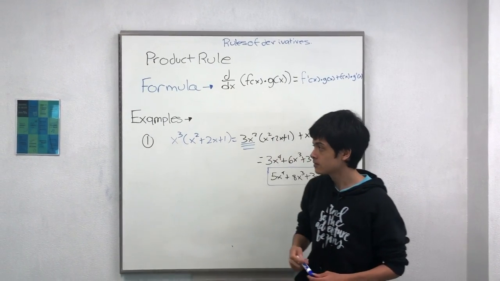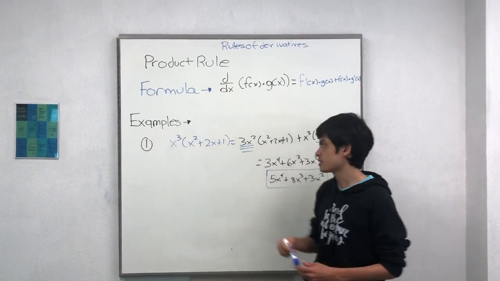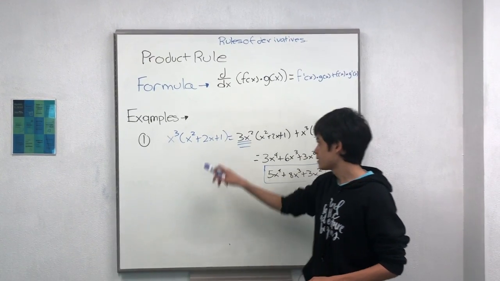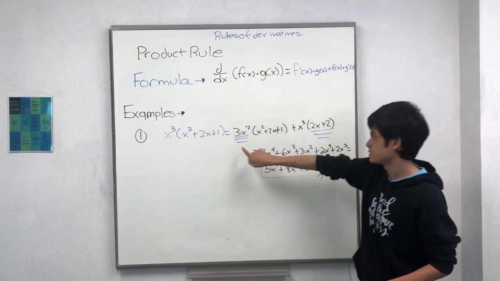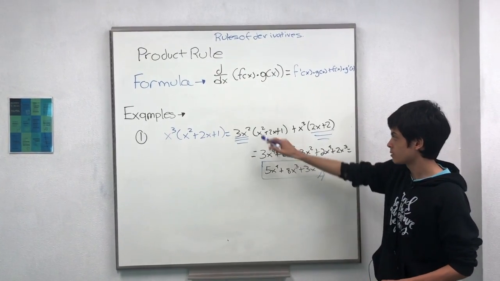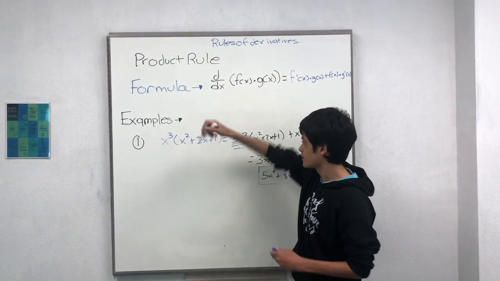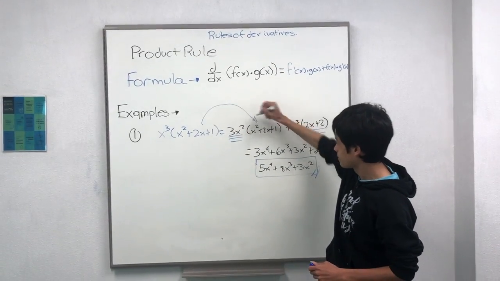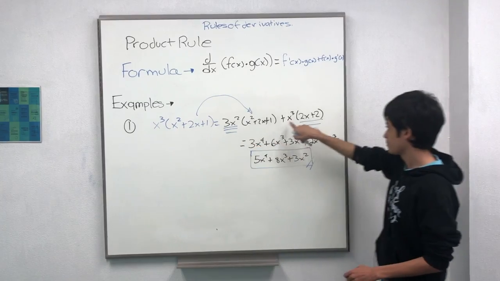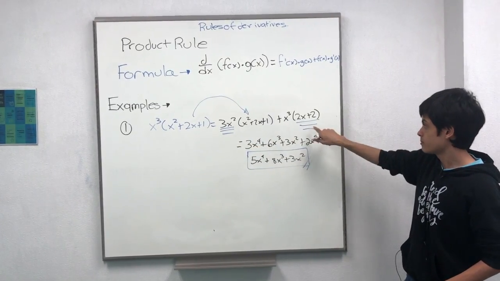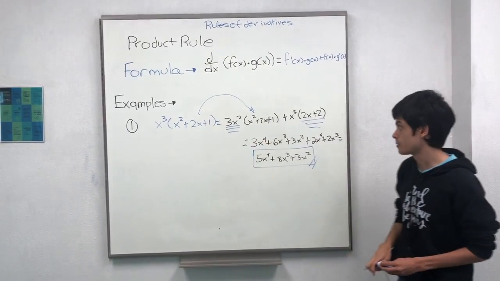Here we have x cubed times x squared plus 2x plus 1. This means that the derivative of x cubed, which is 3x squared, multiplies the non-derivative of the second one, plus the non-derivative of x cubed, which stays the same, times the derivative of the second one.